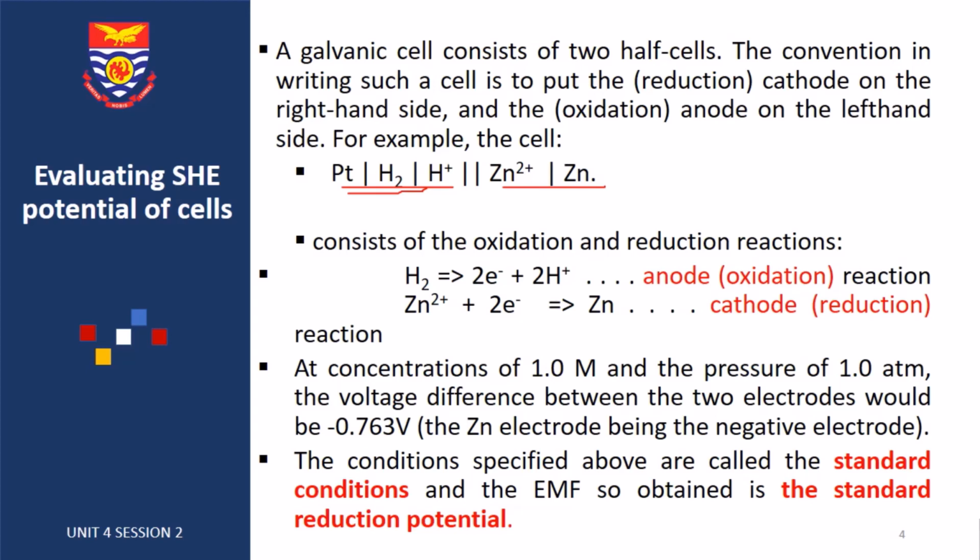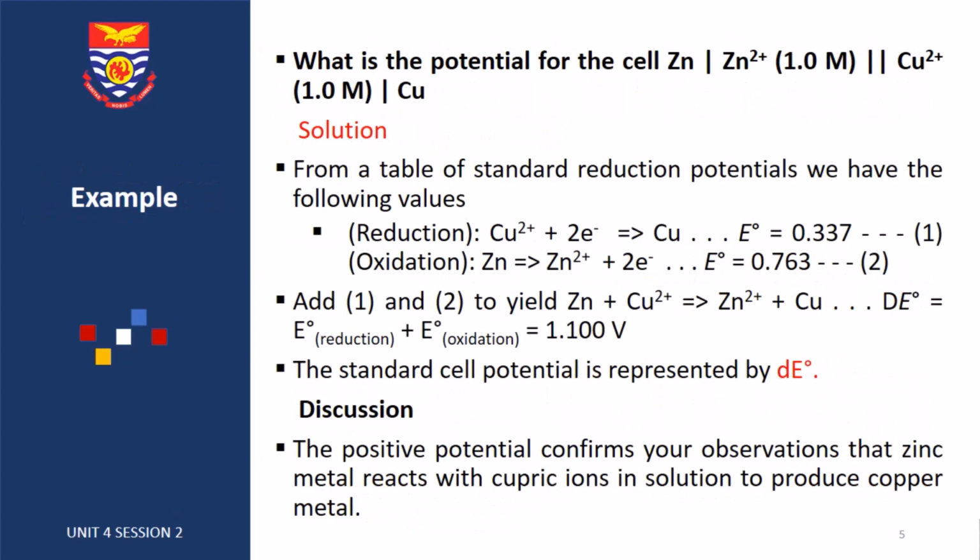Standard reduction potential. Now, let's take an example. What is the potential for the cell zinc to the power 2 at concentration of 1 atm and then copper as well? From a table of standard reduction potentials, we have the following values.